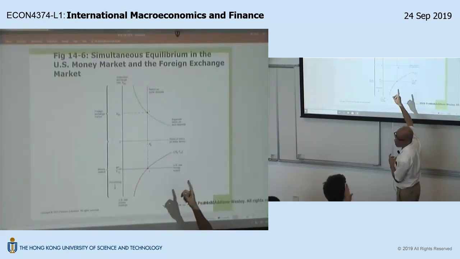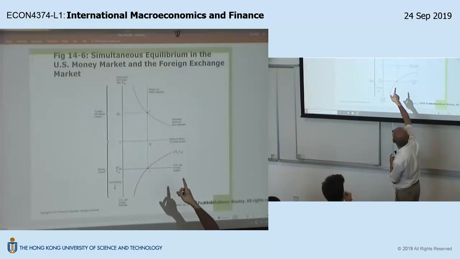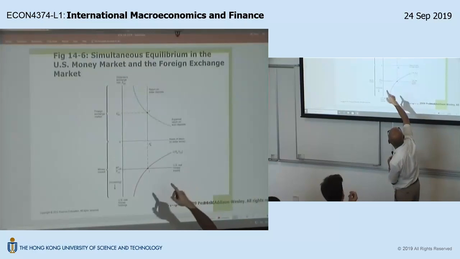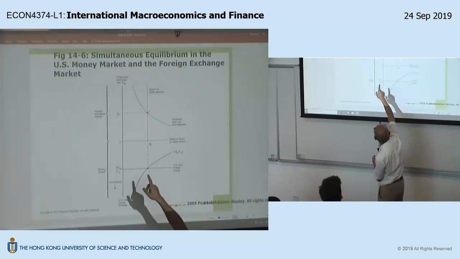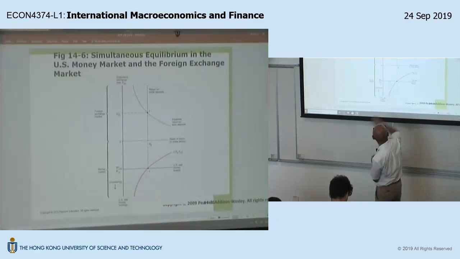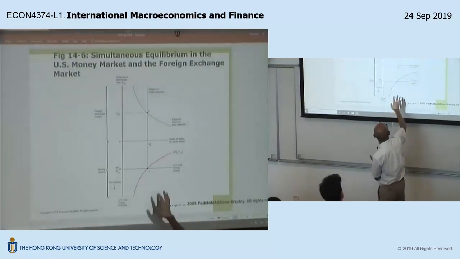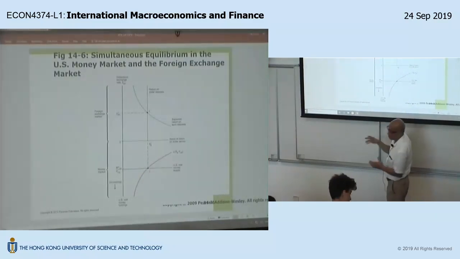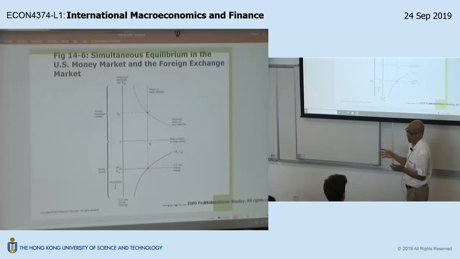You have the uncovered interest parity condition, where the equilibrium is 1 prime. The equilibrium exchange rate is E1, and the interest rate is R1. So the top panel is totally the diagram that you have seen in the last chapter.